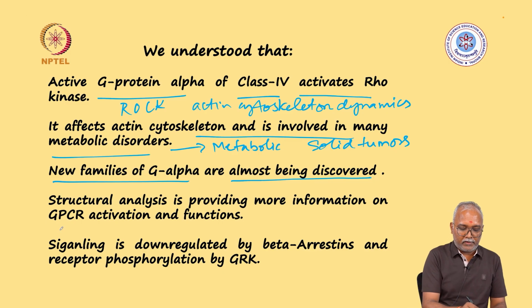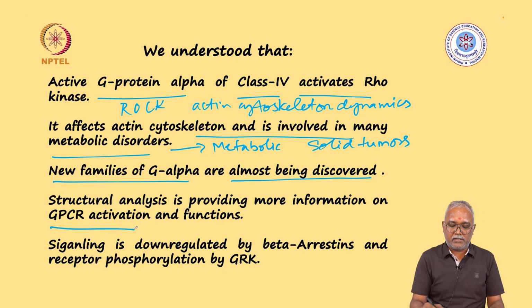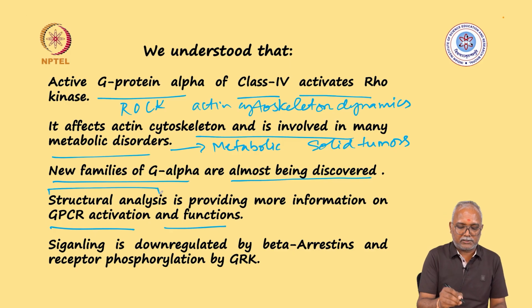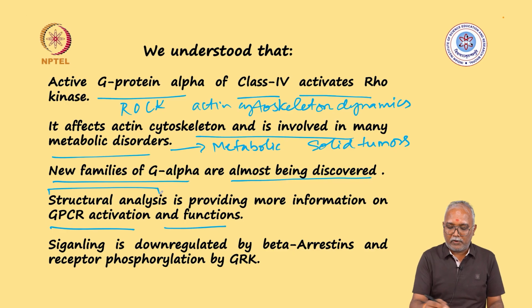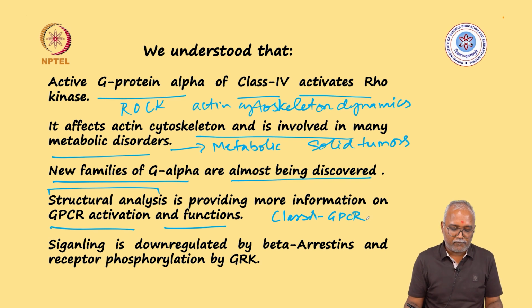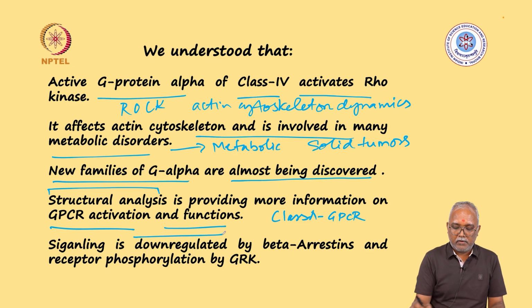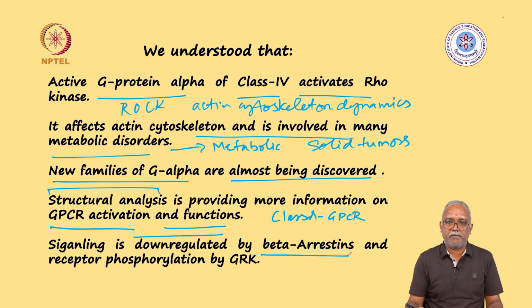Further, the GPCR activation and its function, this information is coming to us with more and more structural analysis being done on them, and what we have understood is that a lot of the structure which is coming up is coming from class A GPCR, which belong to the rhodopsin family. Further, GPCR signaling utilizes a unique method of downregulation where beta arrestins play a very important role.